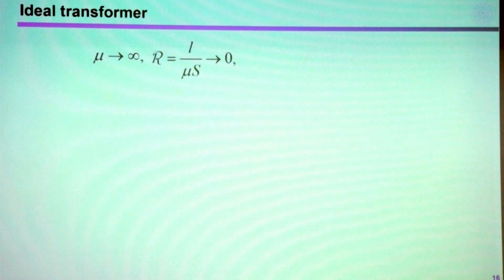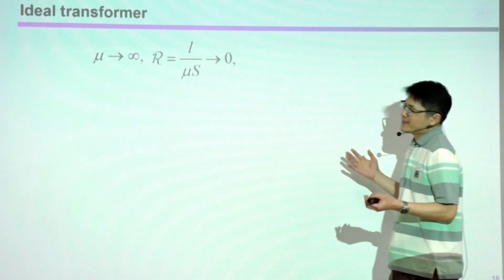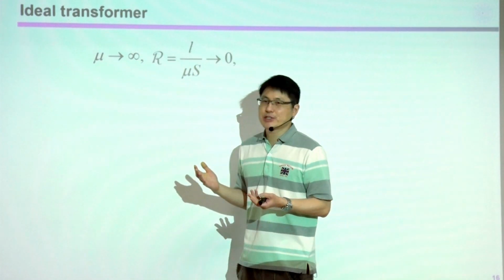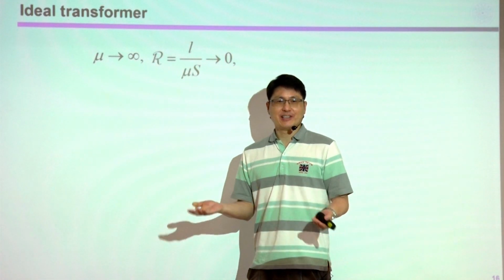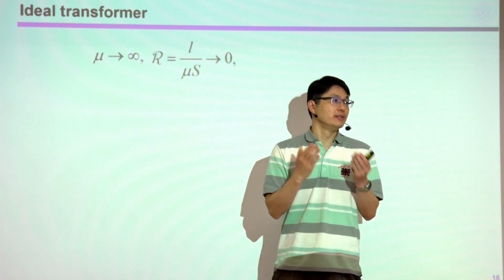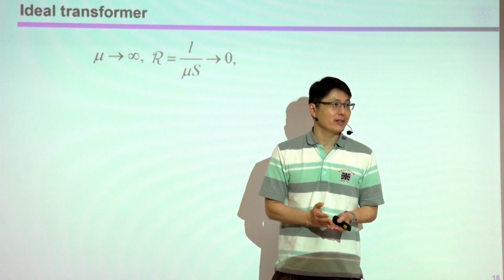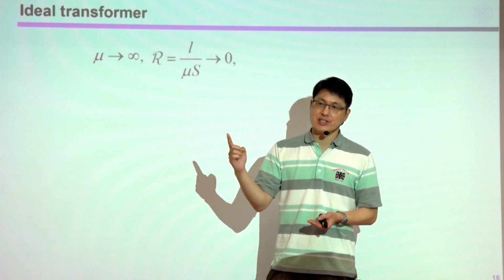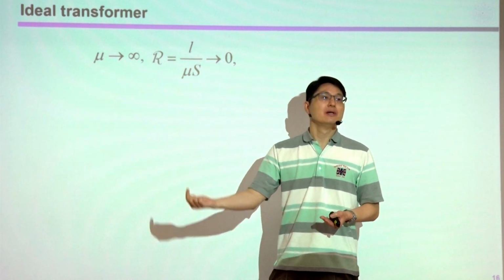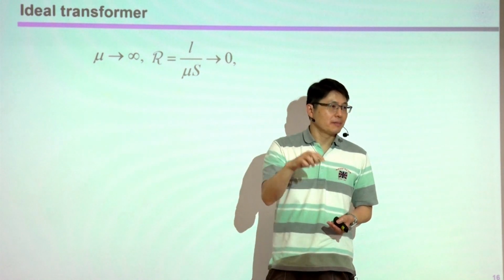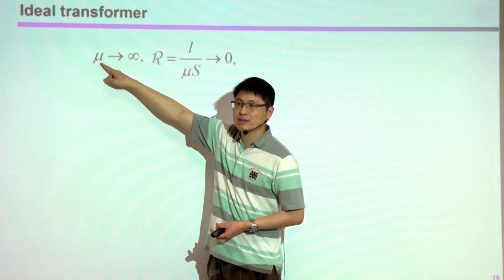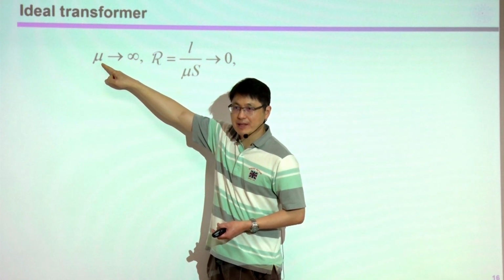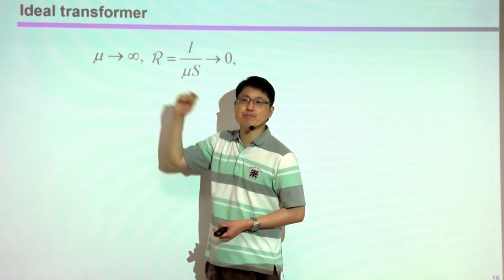Now, under that assumption, we can say that this transformer is basically ideal. What does ideal mean? Ideal means you have no leakage flux, right? All the magnetic field lines created by the coil are completely guided by the core, and therefore, basically, you are using a magnetic material with extremely high mu.